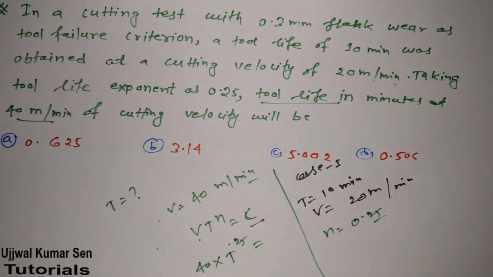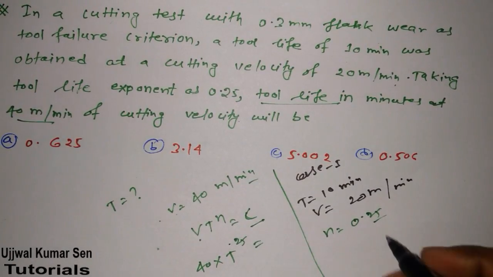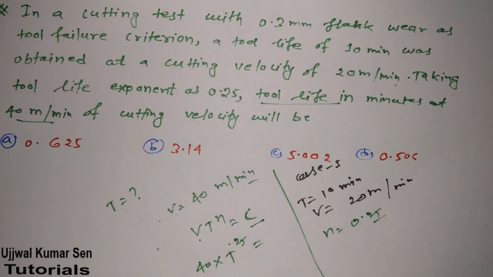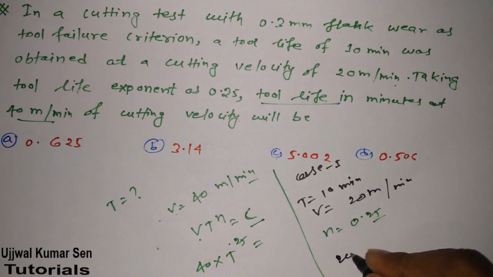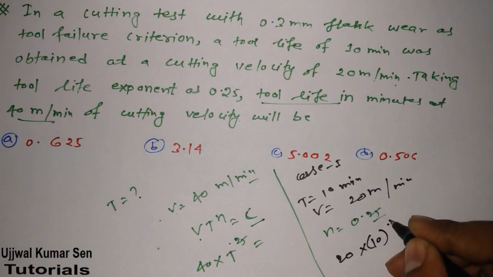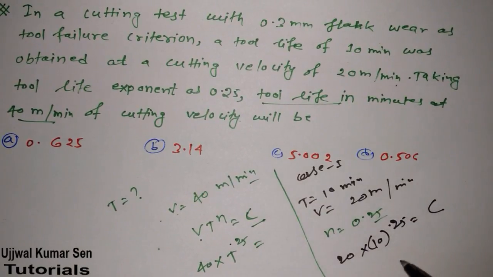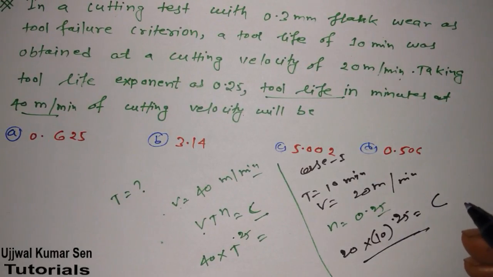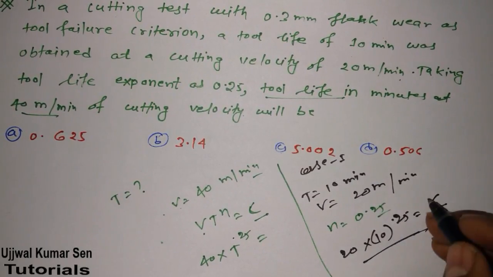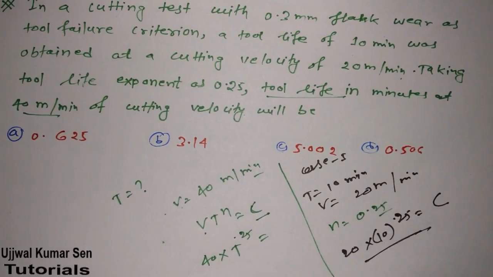Now what we know, V T to the power n equals constant, we have everything here. So by using these values we can find C. So V 20, T 10 to the power 0.25 is equal to C. We'll solve this equation, and after solving we can get the value of C, put it here and get the answer.